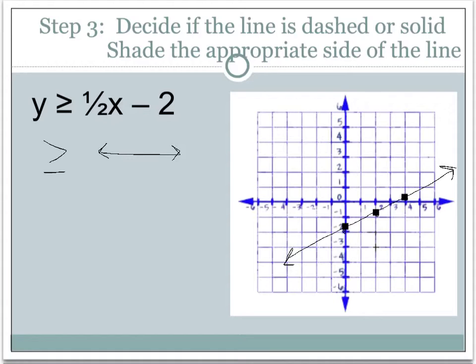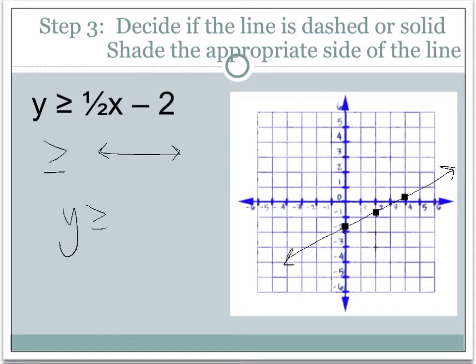And then the second thing we have to do is we have to shade the appropriate side of the line. If we go back and we look at just this first part of our equation, the y and the inequality, I'm going to rewrite that. That is y is greater than or equal to. Anytime you have a greater than or equal to, or even just a greater than sign, you're going to shade above the line.